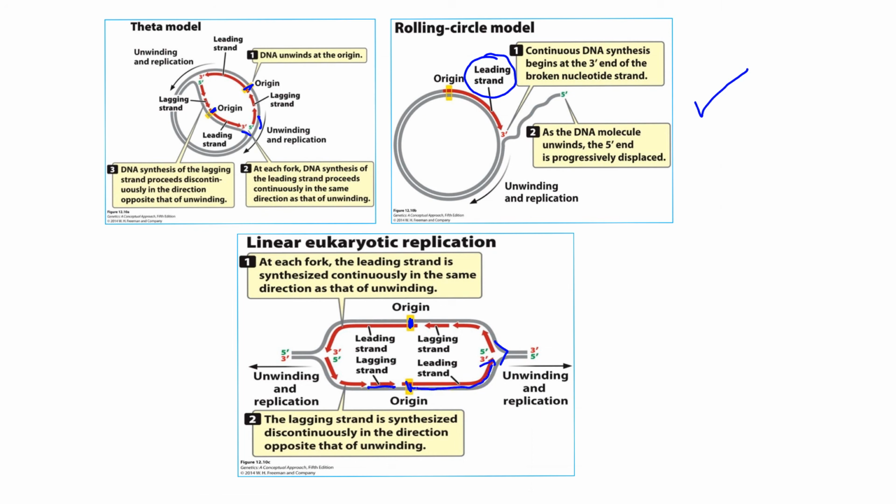So of course we will discuss later on there are many differences between bacterial replication and eukaryotic replication. However, if you just look at the direction of replication, the leading and lagging strand, the Okazaki fragment formation, continuous and discontinuous replication, there are many similarities in this regard between theta and linear eukaryotic replication.